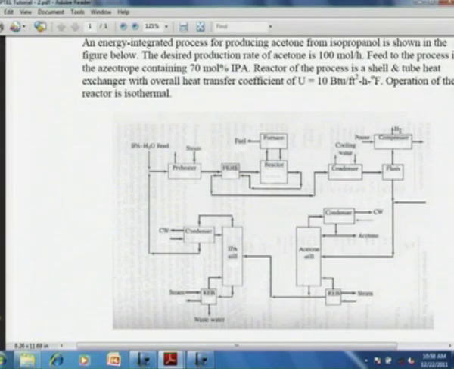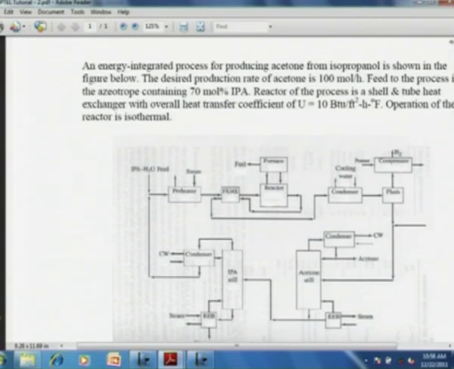Since it is an endothermic process, you have to supply heat which is given by a furnace, and the reactor effluent initially passes through the same feed.